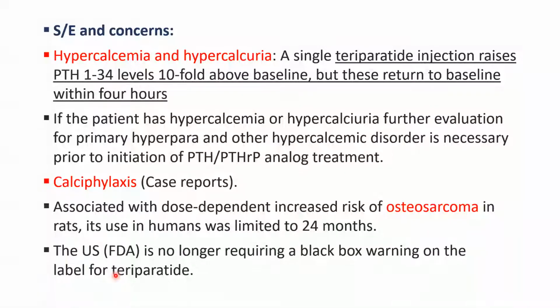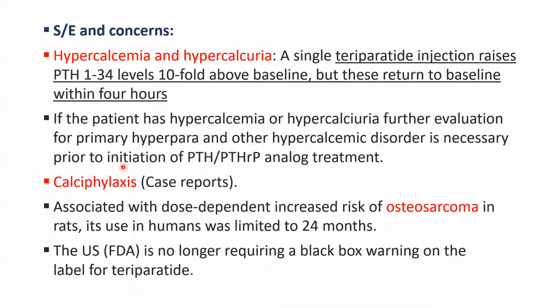There are some side effects and concerns regarding teriparatide and abaloparatide. The first is hypercalcemia and hypercalciuria. Teriparatide can increase PTH level up to 10-fold above baseline before returning to baseline within 4 hours. So if the patient has hypercalcemia or hypercalciuria, you should evaluate this patient for primary hyperparathyroidism or any other hypercalcemic disorder.